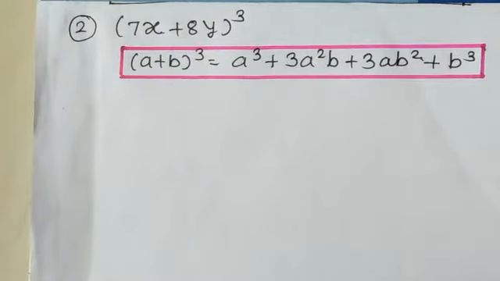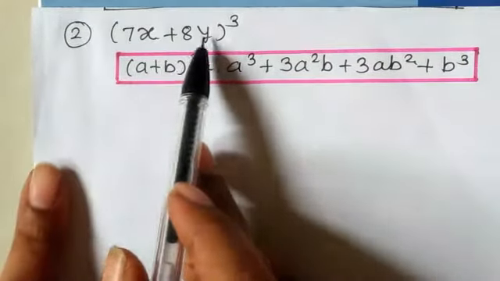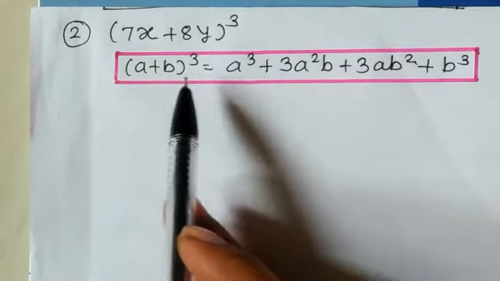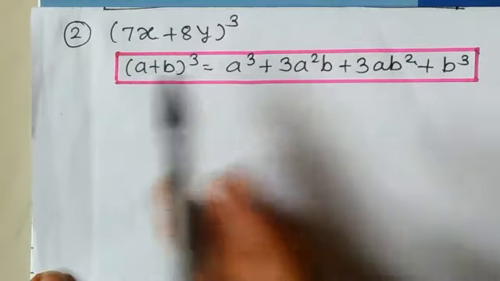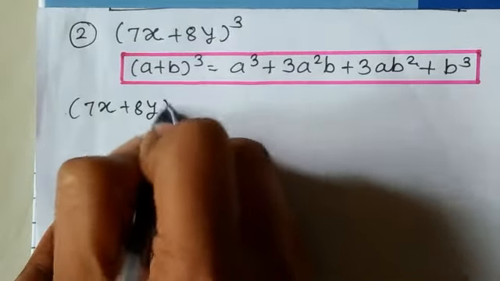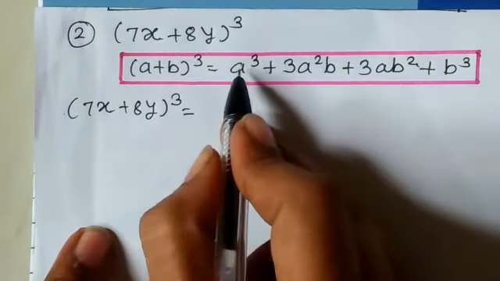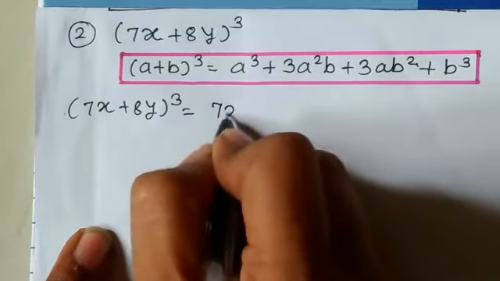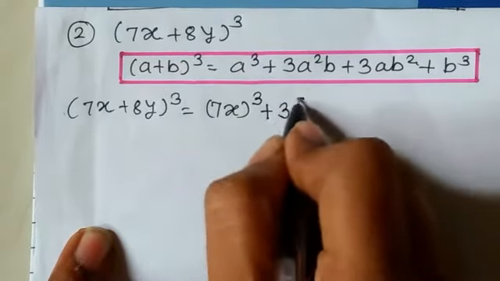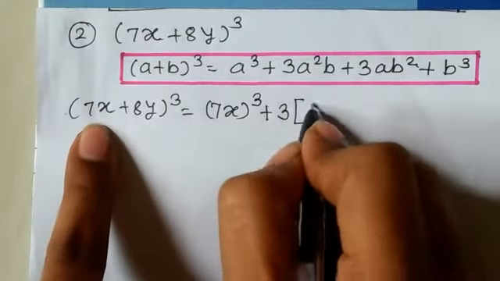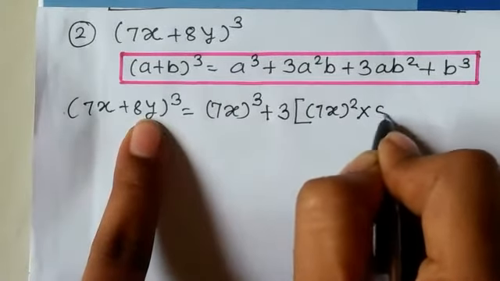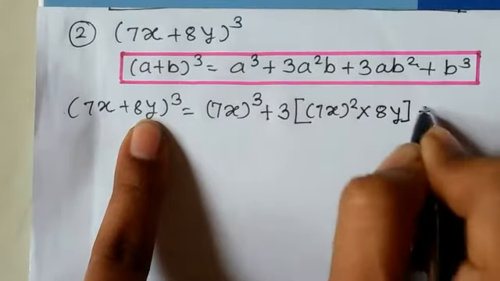So students, let's go with the second question. (7x plus 8y) bracket raised to 3. Again I am writing the formula, so you can also write in the same way. So let's solve it. (7x plus 8y) raised to 3 is equal to first term's cube, it means (7x) its cube, plus 3 is going to multiply, now first term square, it means (7x) square is multiplying with the second term 8y bracket complete.